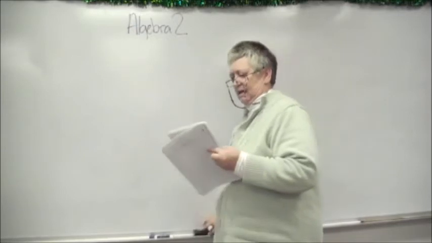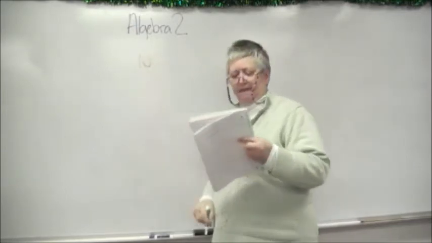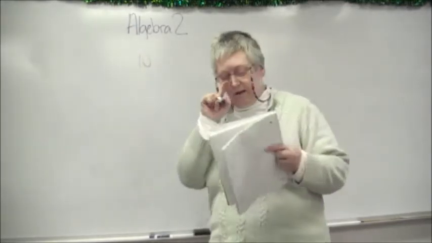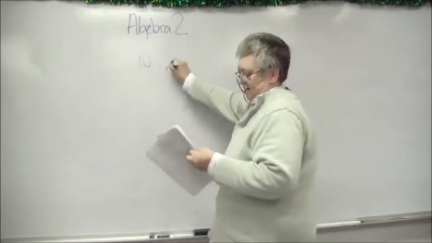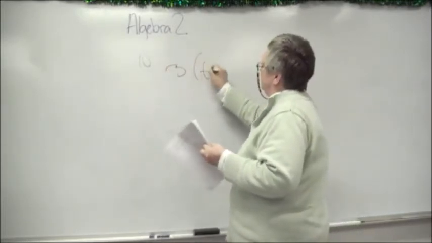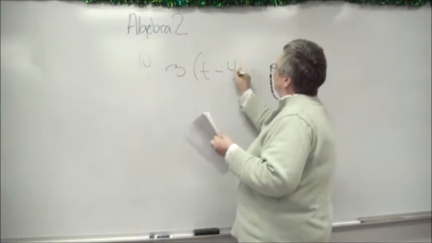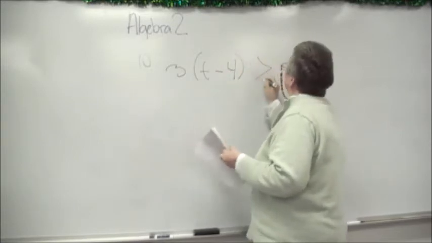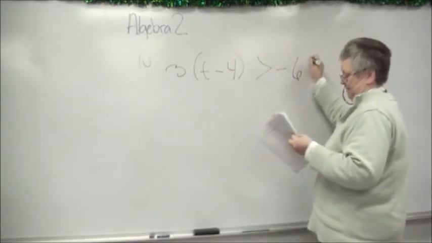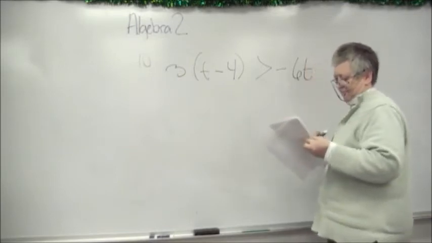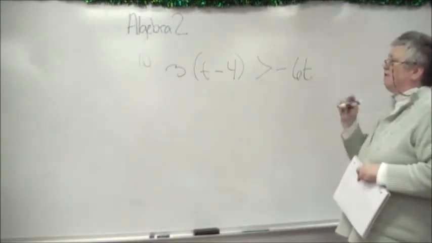Next one, lesson 10. That was solving and graphing inequalities. If we had 3 times t minus 4 greater than -6t, you'd go through and solve.